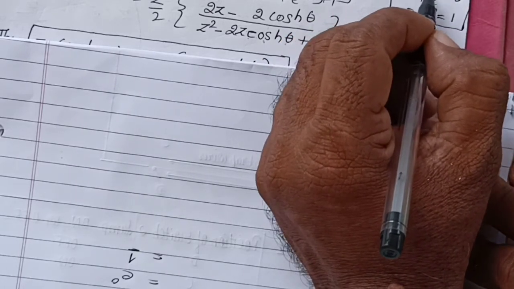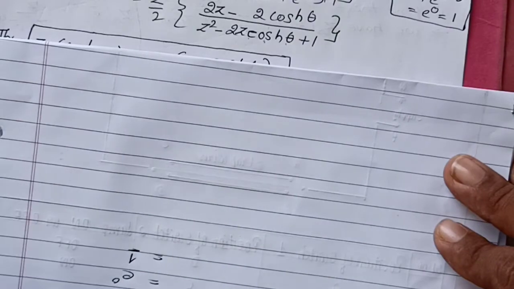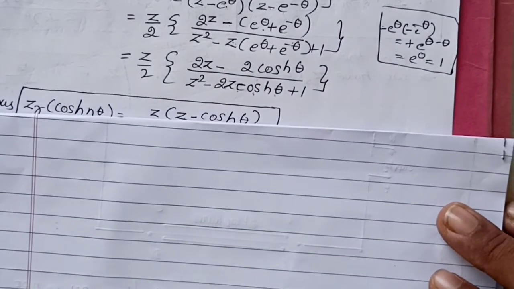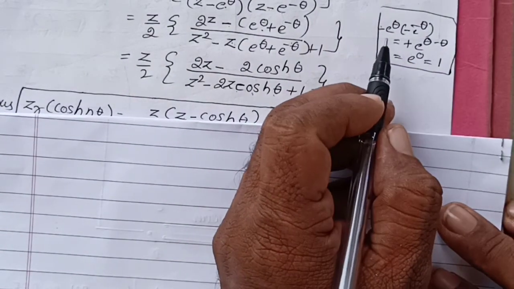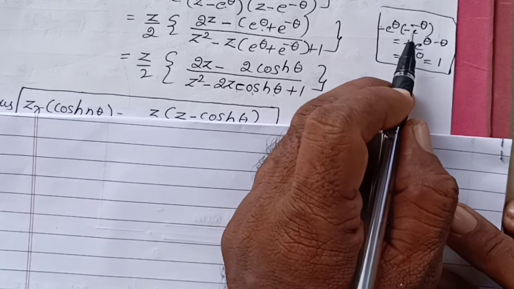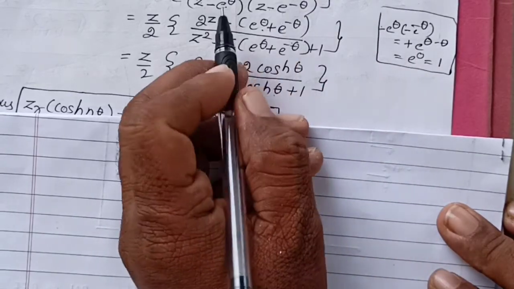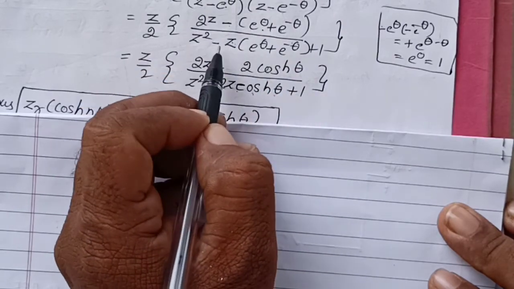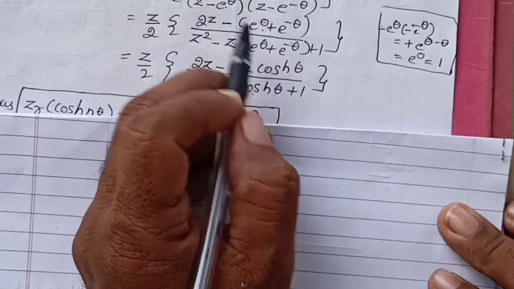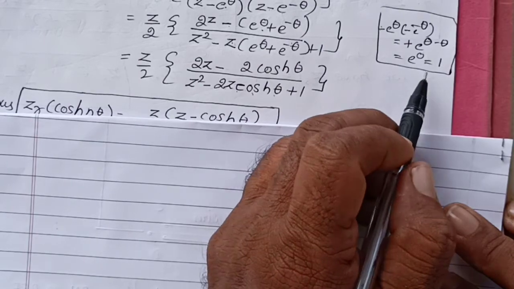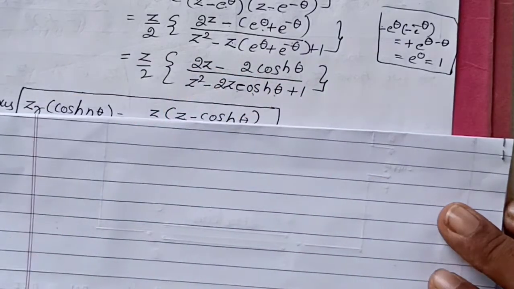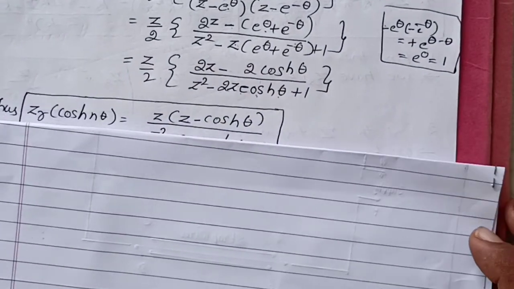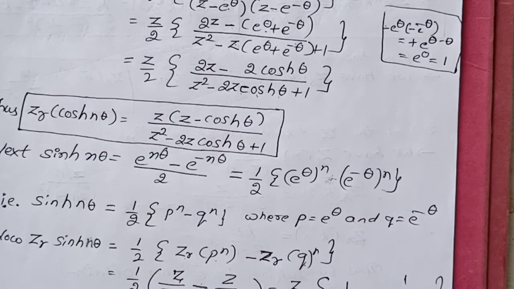Minus and minus becomes plus. When you are multiplying this, the remaining things you know, z square, and this minus z. So you are getting e raised to 0, it is 1 always. I hope you understood this problem. We'll meet in the next session.